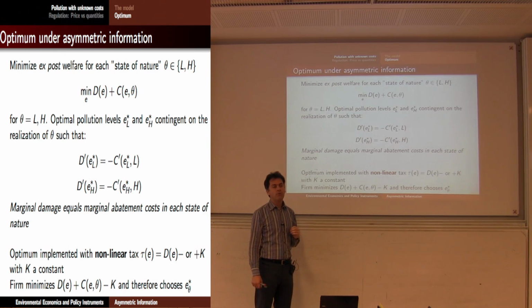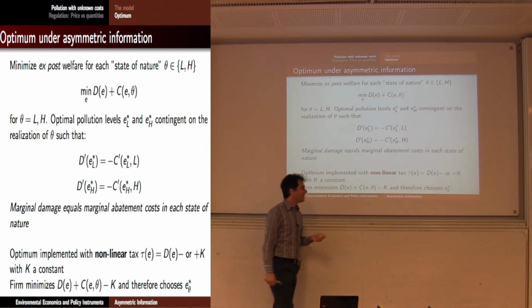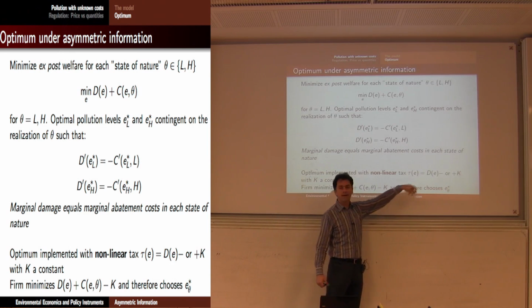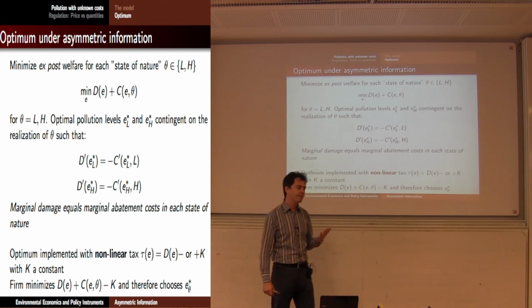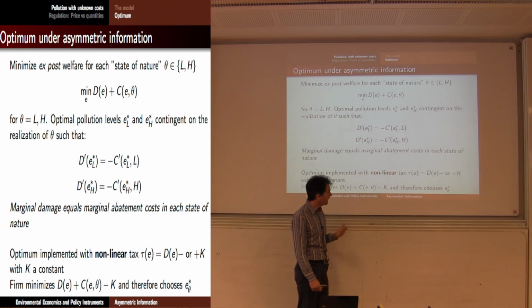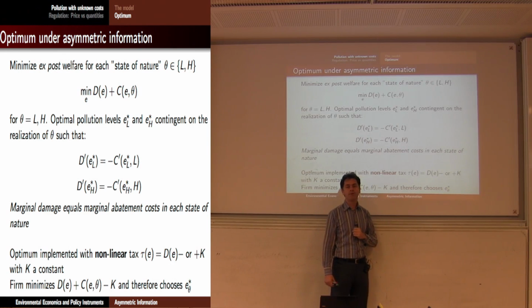Okay, what you can do under asymmetric information is to have something more fancy, more complex than a flat tax. You get a Pigovian tax, but which is non-linear. So in the same spirit as Pigovian taxation with Pigou, the tax will reflect the social cost of emissions.